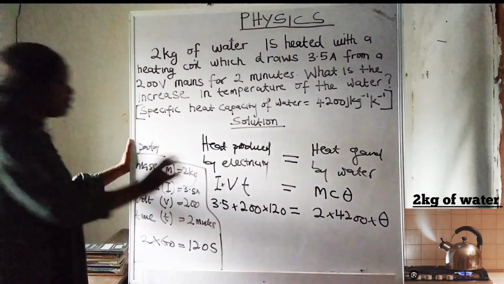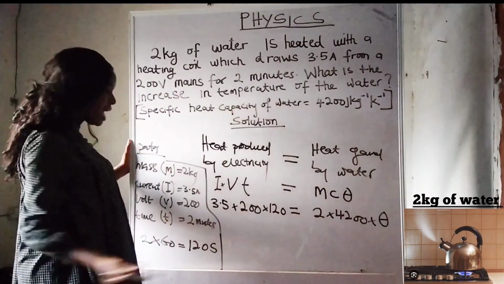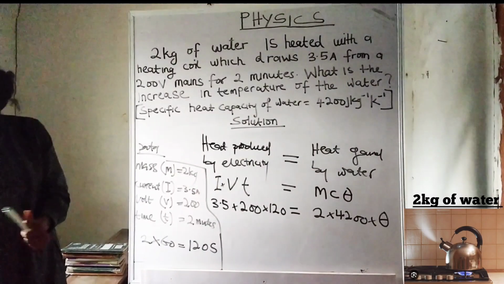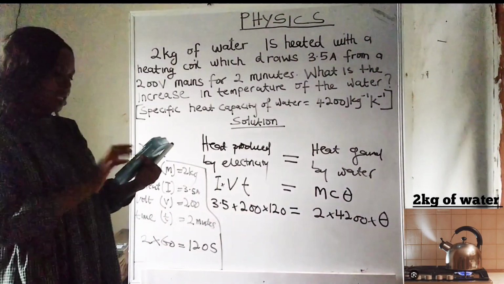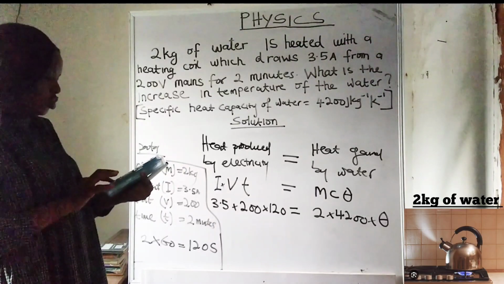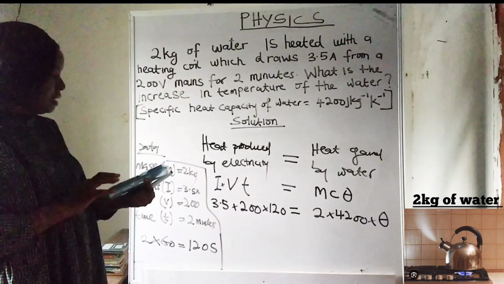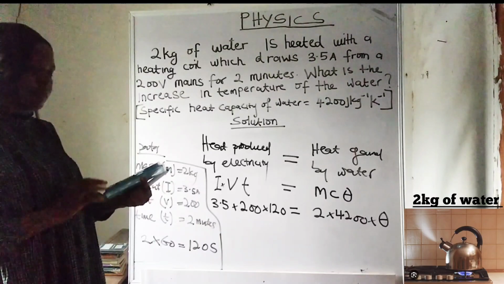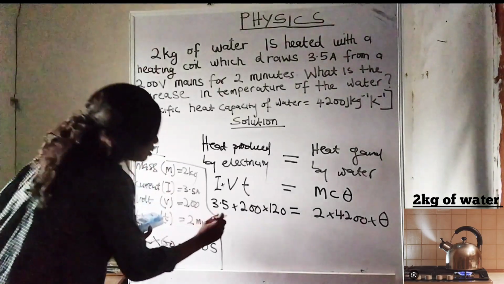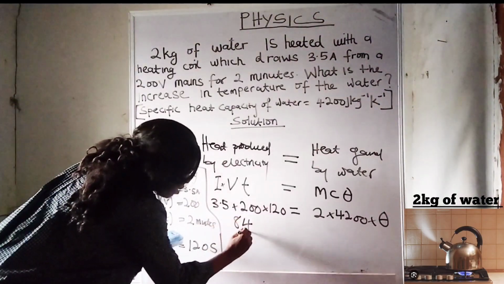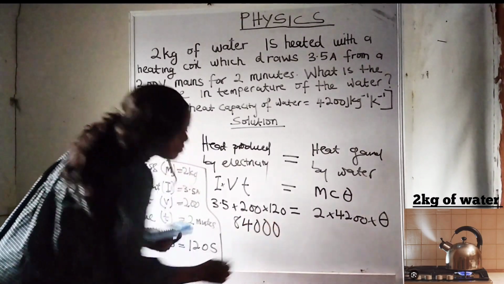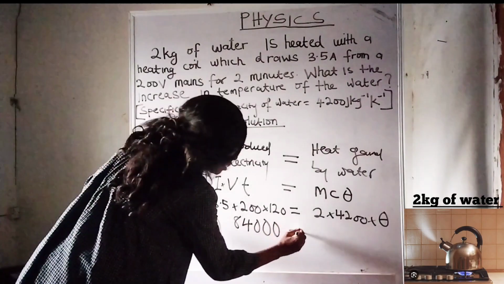We continue. We come to this side. We evaluate, and we say 3.5 times 200 times 120. Let's calculate it. 3.5 times 200 times 120 will give us 84000, put our equals to.